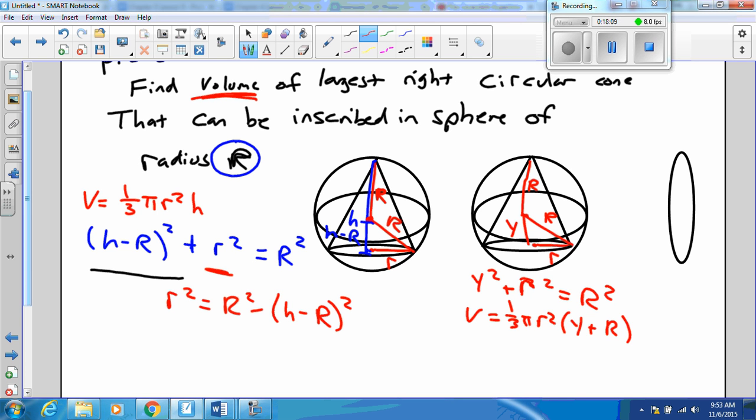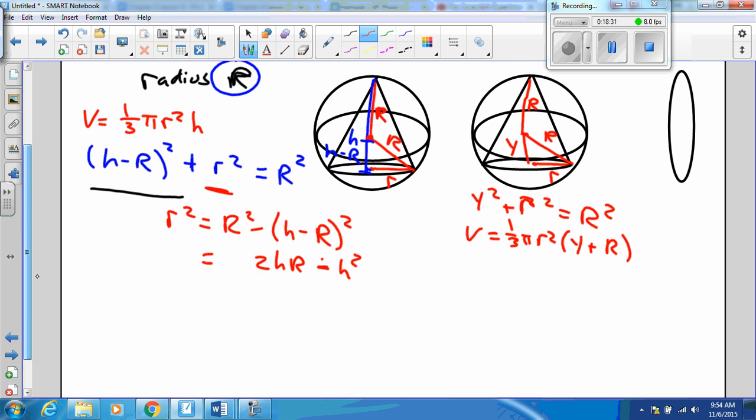Does it seem profitable to simplify this? Can you see any advantage by looking ahead that we would simplify? Yeah, that's right. The r squareds are going to cancel out. So let me go ahead and simplify that. Negative 2hr plus positive 2hr minus h squared.